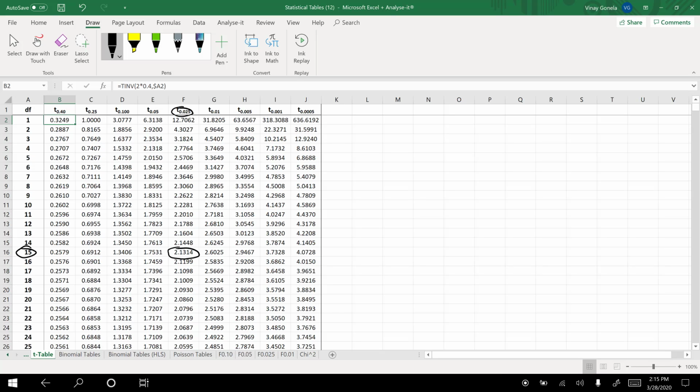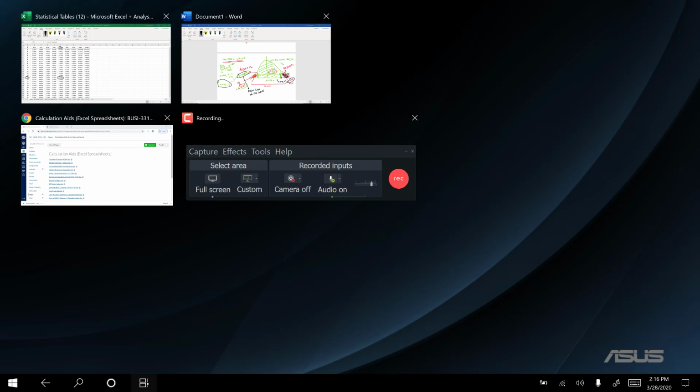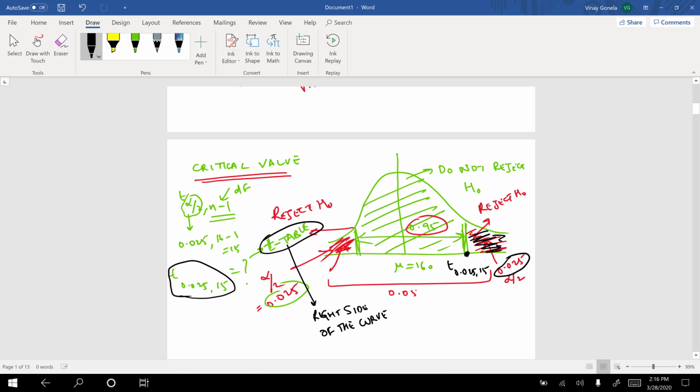So I will write that: 2.1314, and this will be negative 2.1314. So those are our critical values.